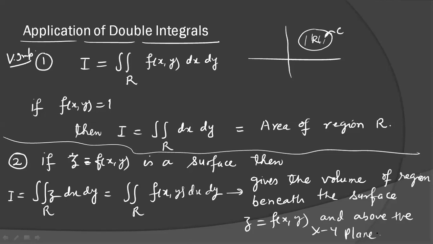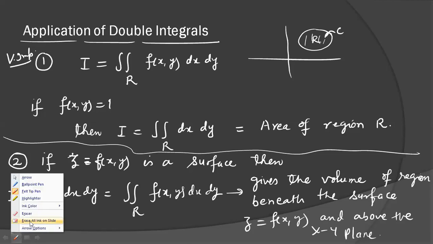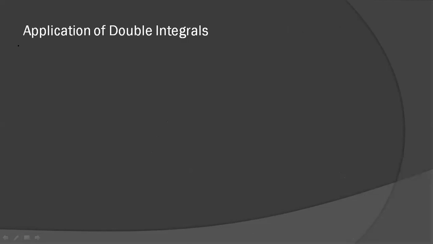Let's see with an example. With an example, we can better understand the application. Second, let's see an example. Suppose we have a surface z equals a square minus x square minus y square, and as region R I am taking the inside of a sphere.